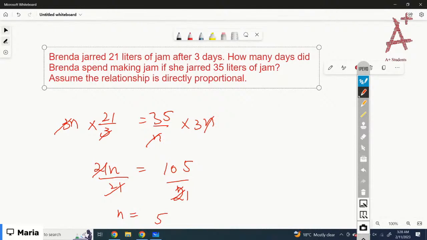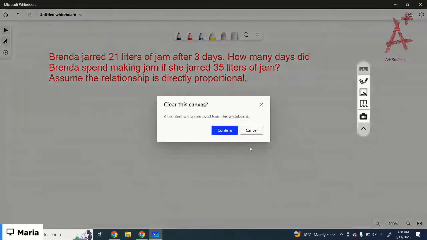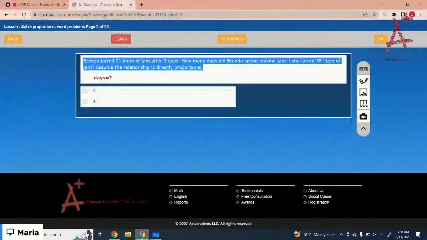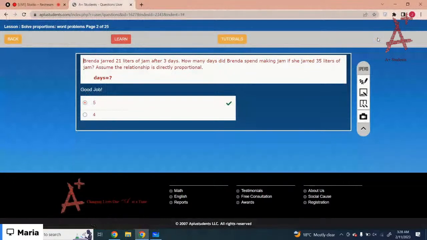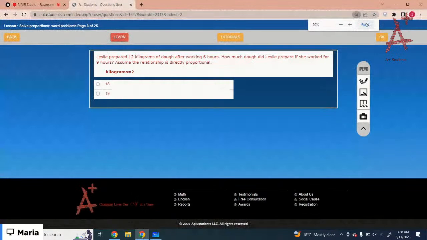So, okay, let's just start with the next question. The correct option is 5. Let's just start with the other example. Let me just copy and paste the question.